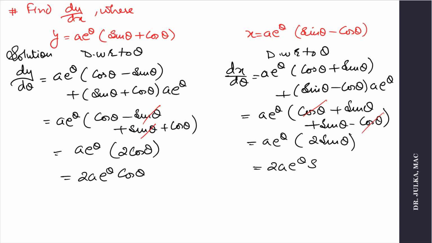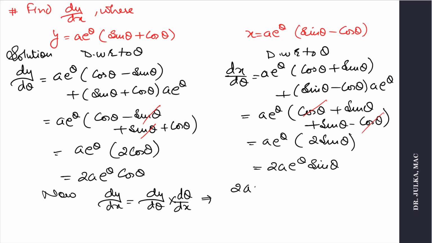And now dy by dx equals dy by d theta into d theta by dx. The value of dy by d theta is 2a into e raised to the power theta cos theta divided by 2a into e raised to the power theta into sin theta, and after simplification we will get the answer cot theta.